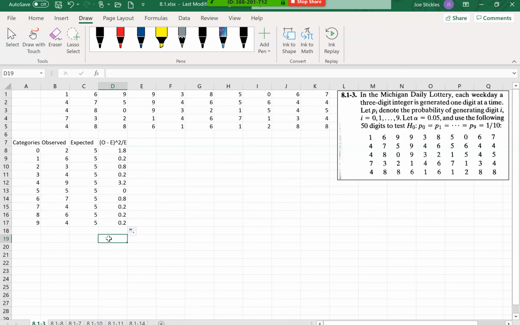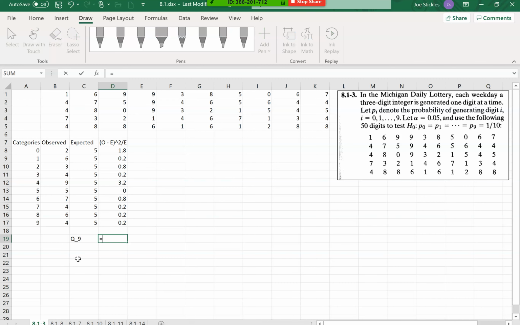Since those are each of the individual pieces in the summand, I'm going to label it as q sub 9. The reason why it's q sub 9 is because there are 10 values and it's one less than that, because that's just referring to the degrees of freedom. You can label this however you want. I'm just labeling it with the notation that we used for the statistic, and the only reason I'm using a q is because that's what the book uses.